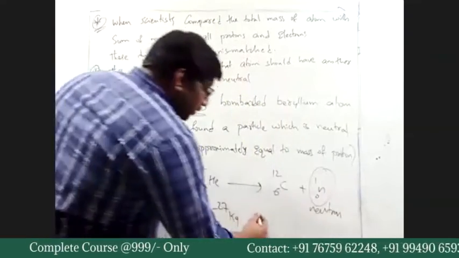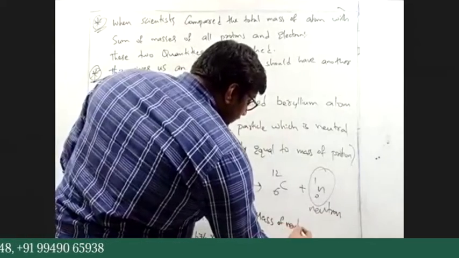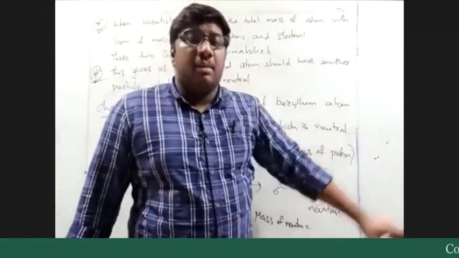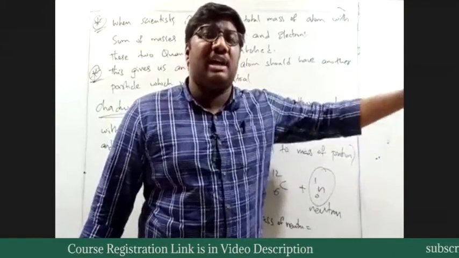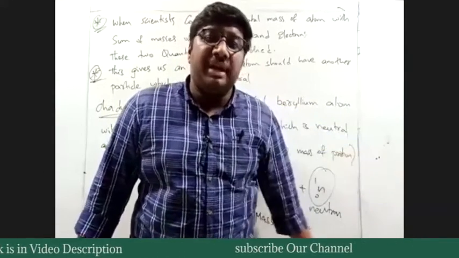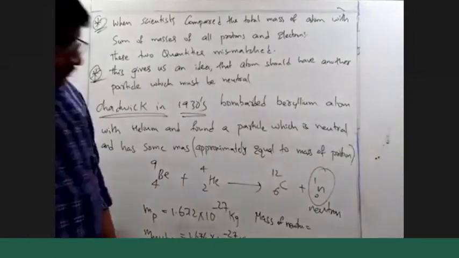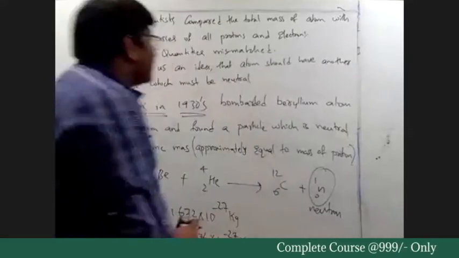So the mass of neutrons is equal to total mass minus mass of all protons minus mass of all electrons. You can write like this, right?